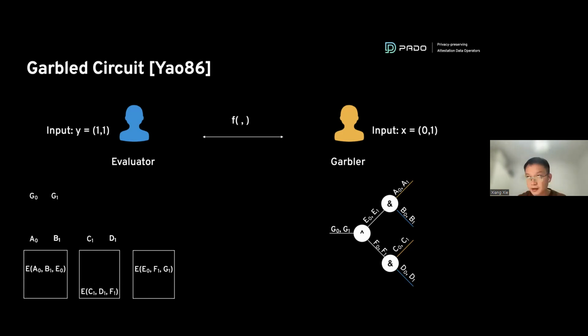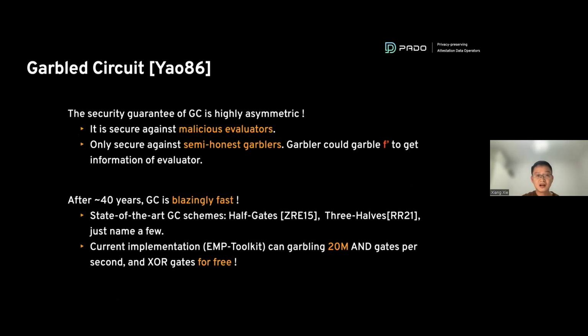This is basically the main idea proposed by Yao back in '86, and there has been a lot of work in this area. After 40 years, GC is quite efficient. One thing I want to mention is that the security guarantee of GC is highly asymmetric.